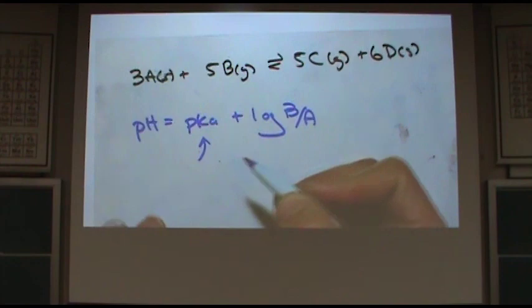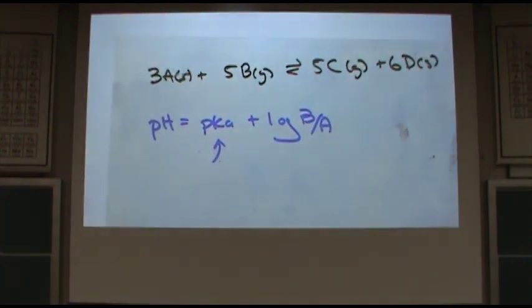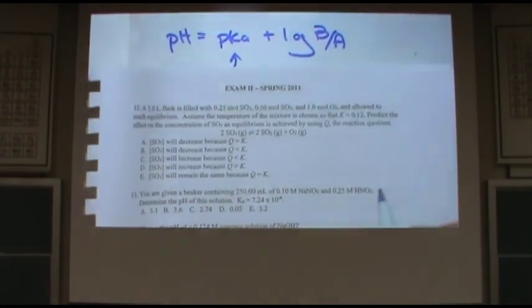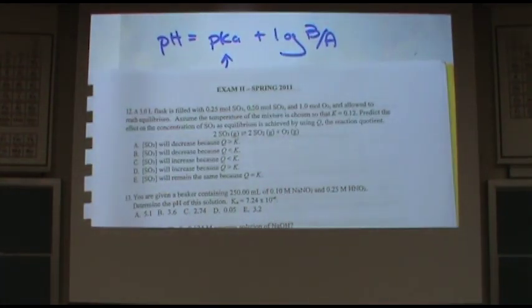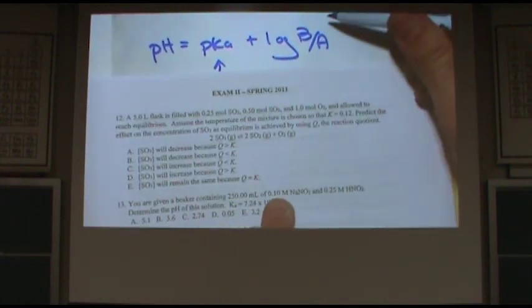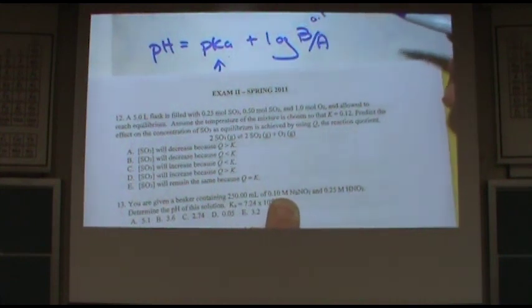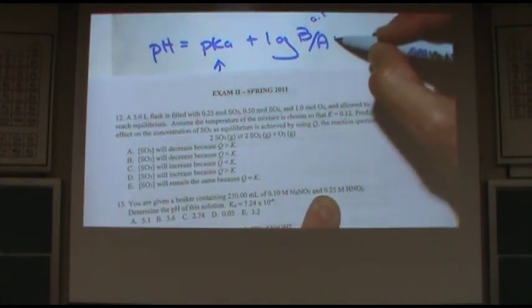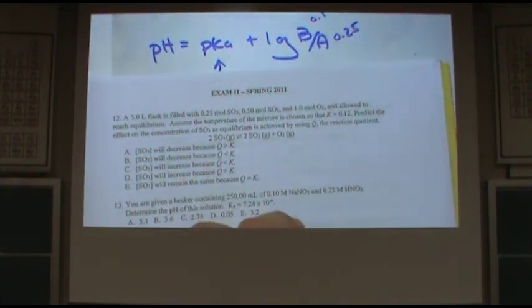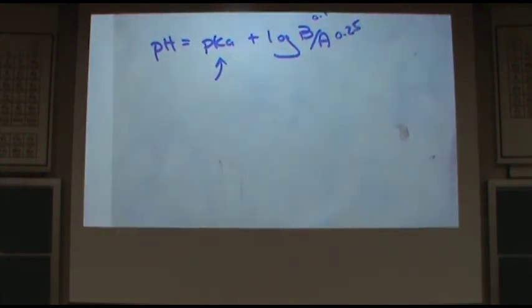You need to find the pKa for this one, which is going to be the negative log of this number right here. The log of the base, that's going to be 0.1 up here. And then the acid on the bottom, the conjugate acid specifically, 0.25. That's it. Okay? This is a short version or a hack of the ice table.